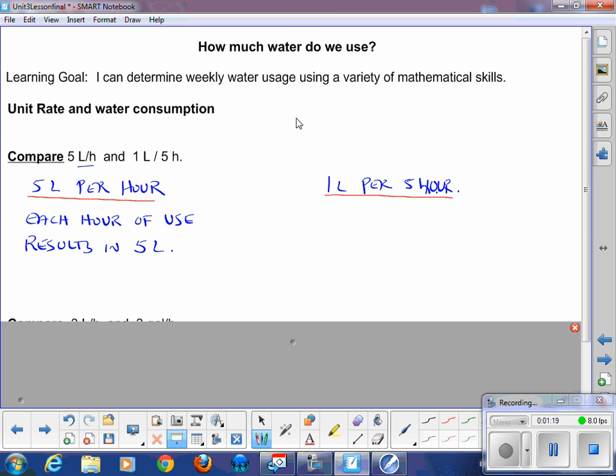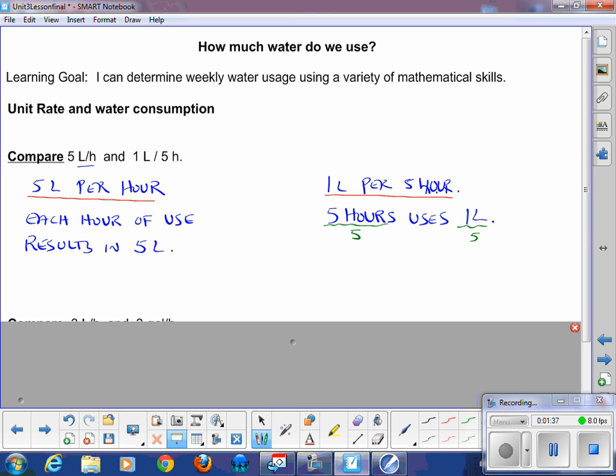We'll go to the other one. We know that 5 hours uses 1 liter. So if we divide by 5 to get it to 1 hour, we're going to divide that by 1 as well.